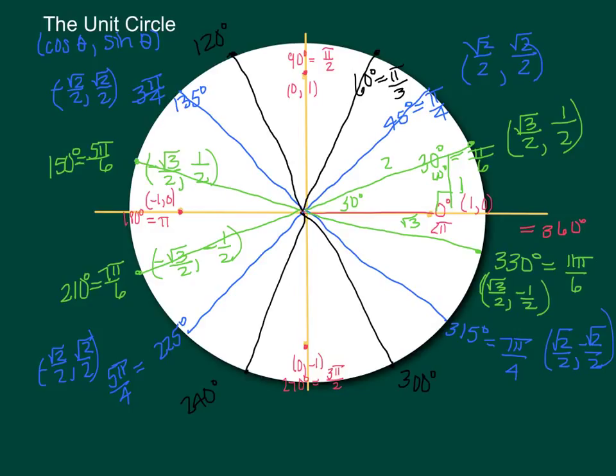Okay, for the radians, remember 60 degrees, that's 1 pi over 3. And at the very top, we have 2 pi over 3.